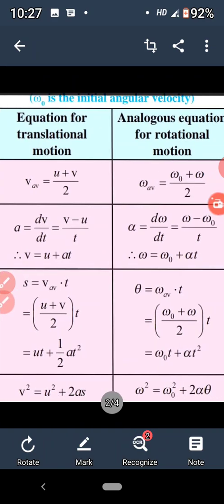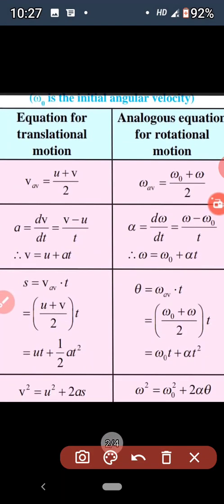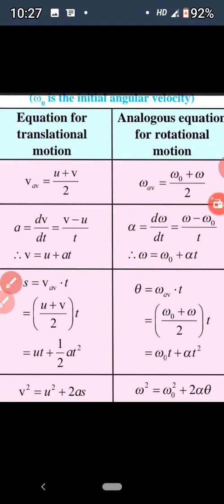The first equation is average velocity: v average is equal to initial velocity u plus final velocity v upon 2, the average of these two.